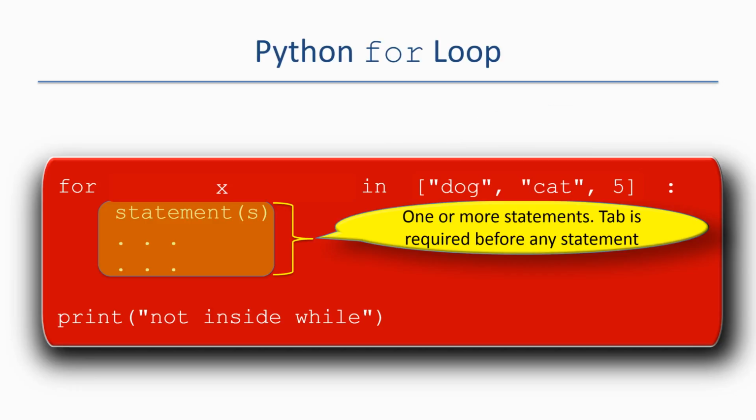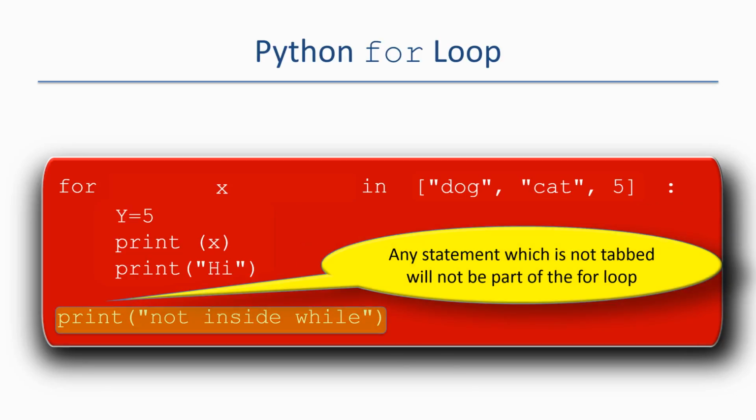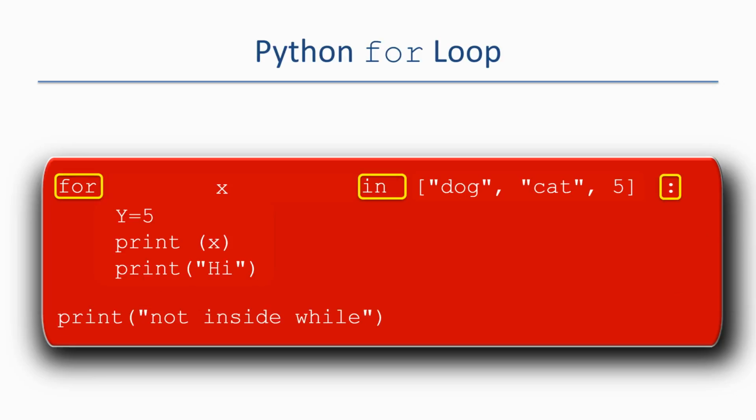The next line after the colon starts the body of the for loop, which consists of one or more statements, and all these statements must be tabbed. Any statement which is not tabbed and follows the body of the for loop is not part of the for loop. As you can see, the required elements are for, in, and colon.